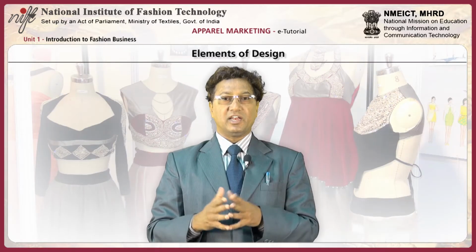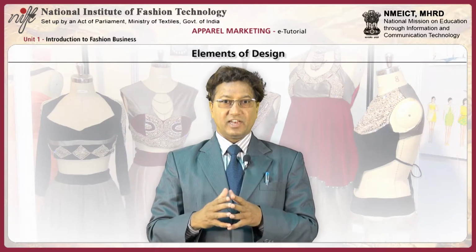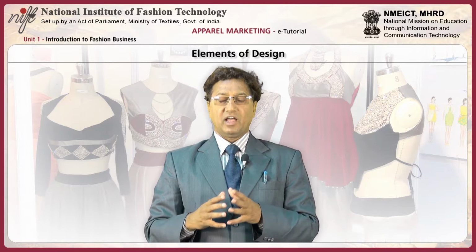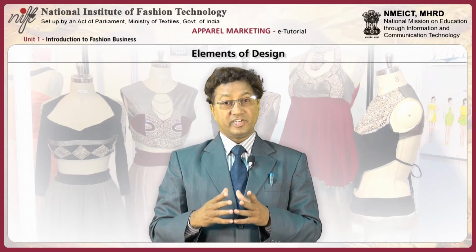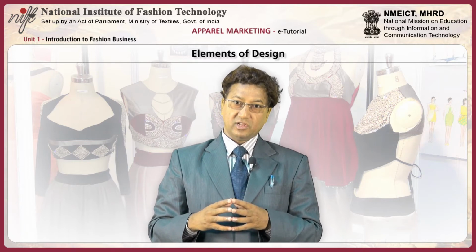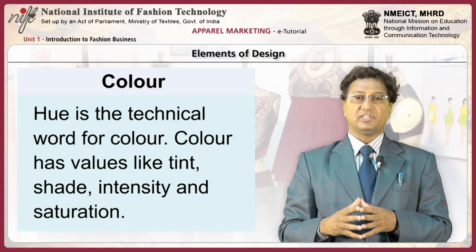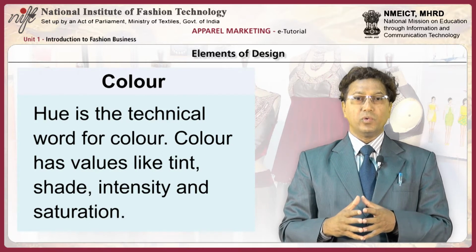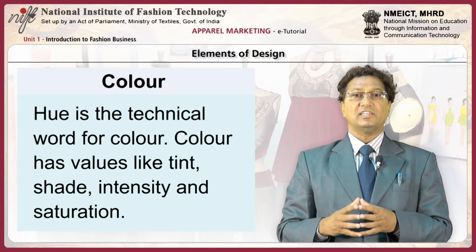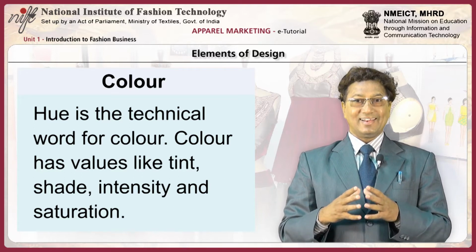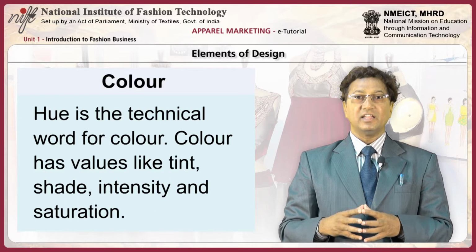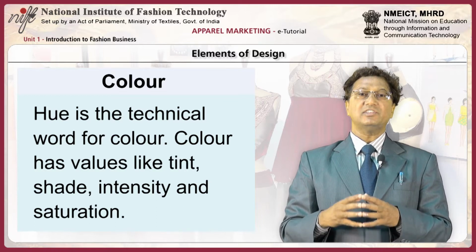Now let us understand what are the elements of design. The main elements of design are color, shape, texture, space and form. Let us understand first the color. Hue is the technical word for color. Color has values like tint, shade, intensity and saturation.